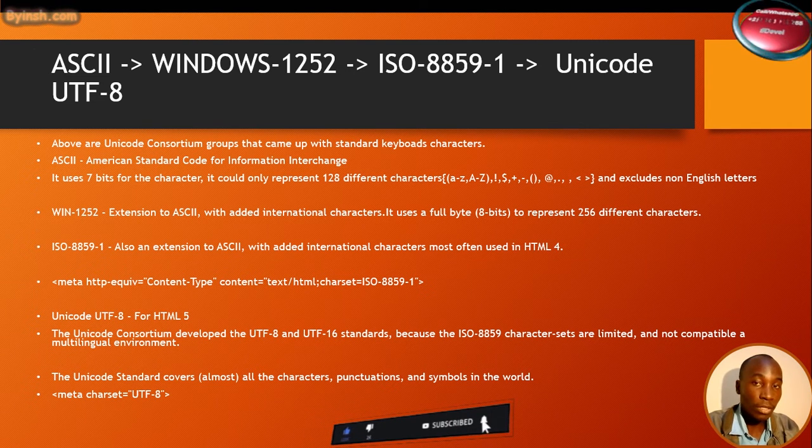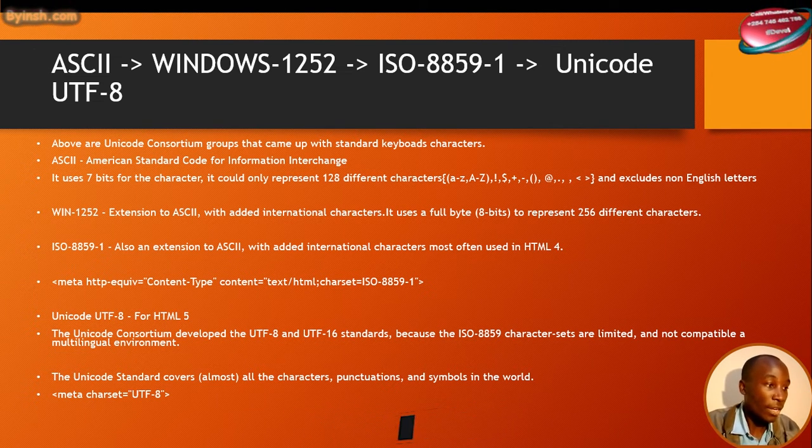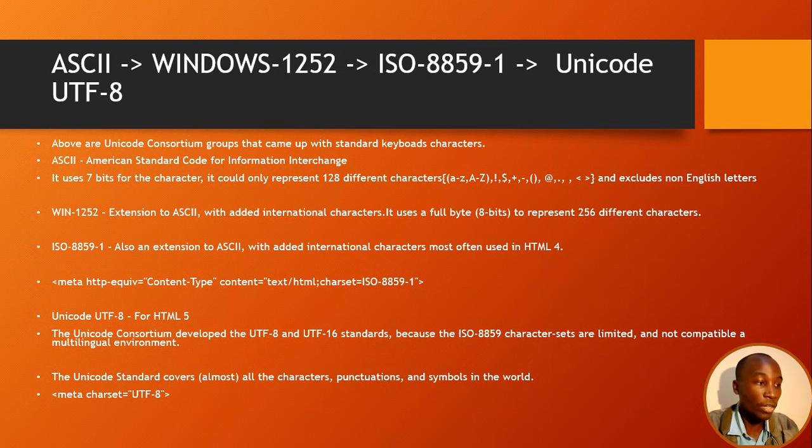This one used 7 bits, base 2, 0 and 1. Therefore, 2 to the power 7 gives us 128 different characters. These comprised alphanumeric values like A to Z in both capital and small letters, and some special characters like exclamation, dollar, plus, etc. The disadvantage was that it did not include the international letters.